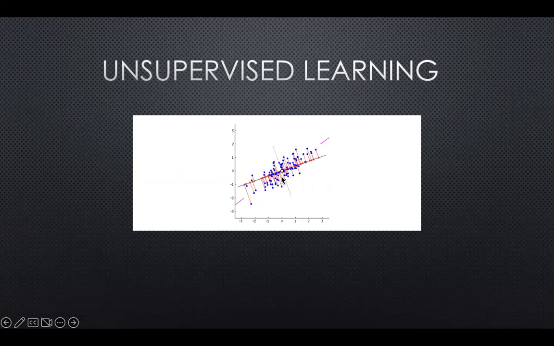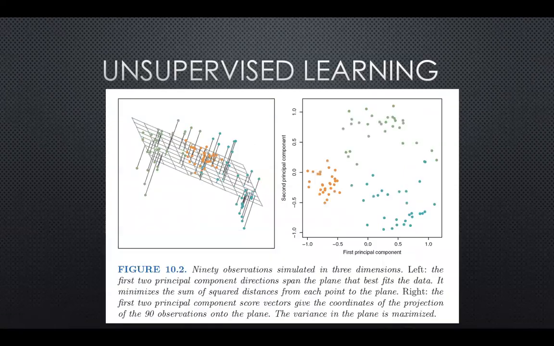But this line right here captures the maximum variation, because the distance between that line and all the different points on it is minimized. So it captures all the variation that the data has in a single line. Now, that is dimensionality reduction, because we have gone from 2 dimensions into 1 dimension. That is the basic intuition that principal components analysis, or PCA, tries to capture.